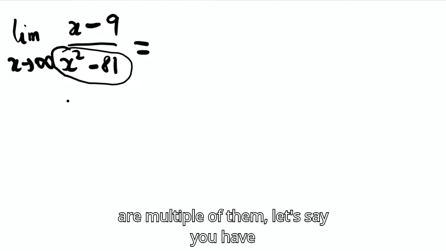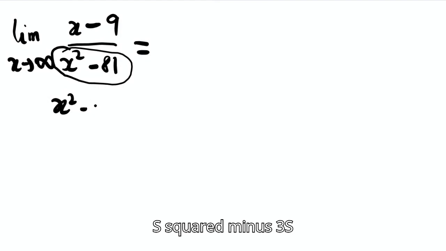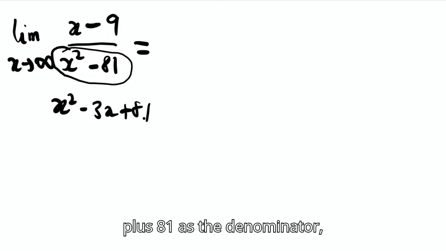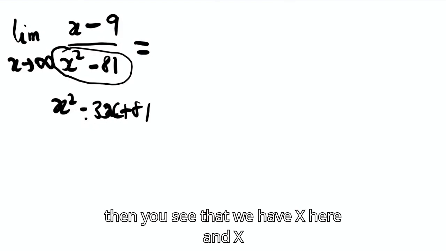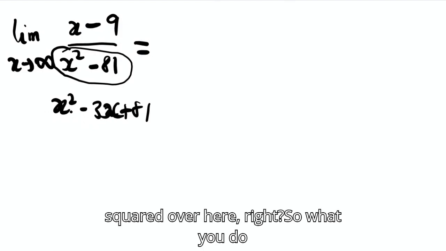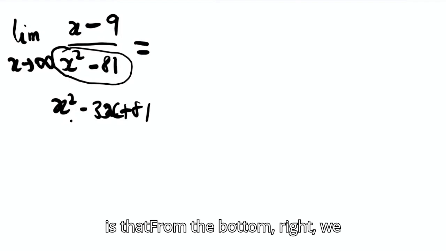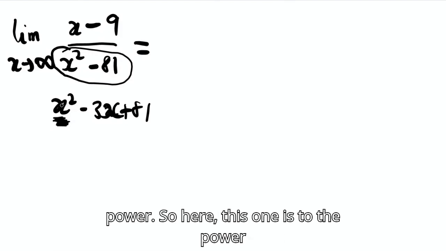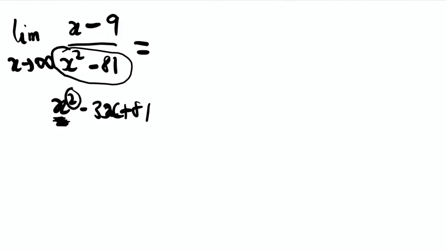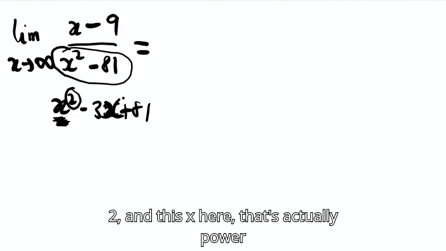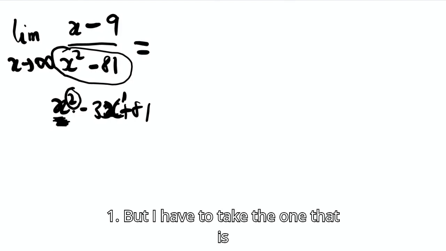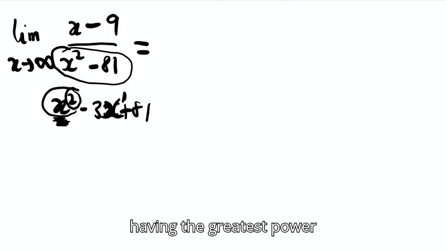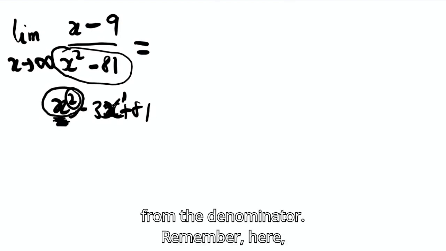Okay, if there are multiple of them, let's say we have x squared minus 3x plus 81 as the denominator, then you see that we have x here and x squared over here, right? So what you do is that from the bottom, we take the independent variable that has the greatest power. This one is to the power 2, and this x here that's attached to the 3 is power 1. But you have to take the one that has the greatest power from the denominator.